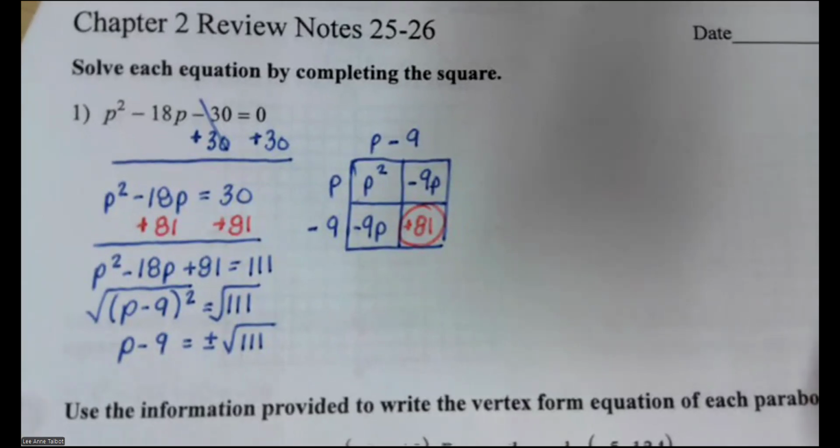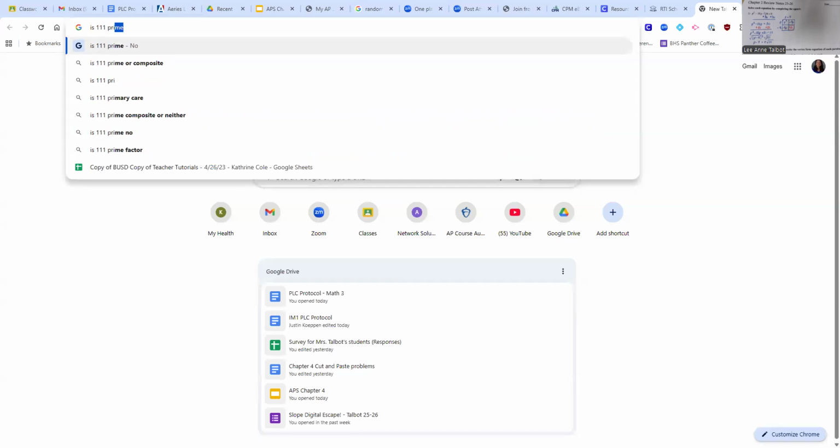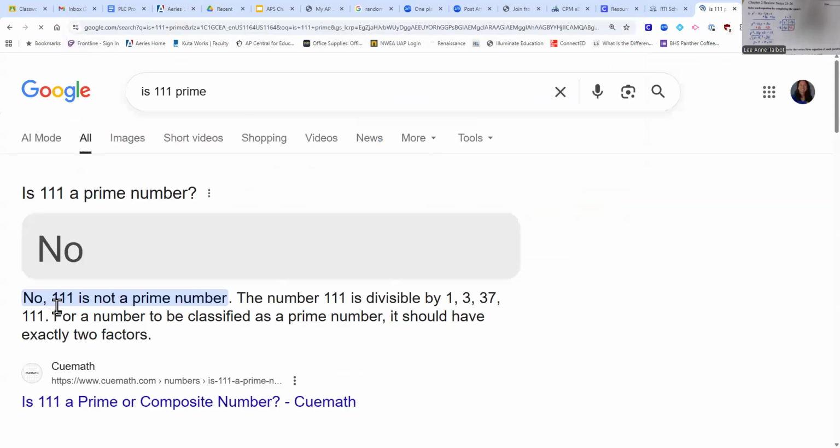Okay, weird question. 111, is it prime? Maybe. 1, 3. Okay, but there's still no twins, right? So it's just 3 times 37.